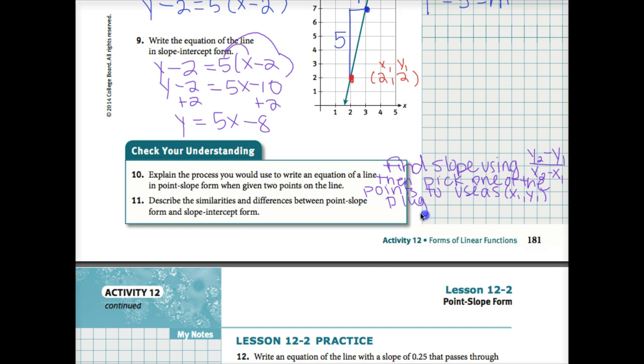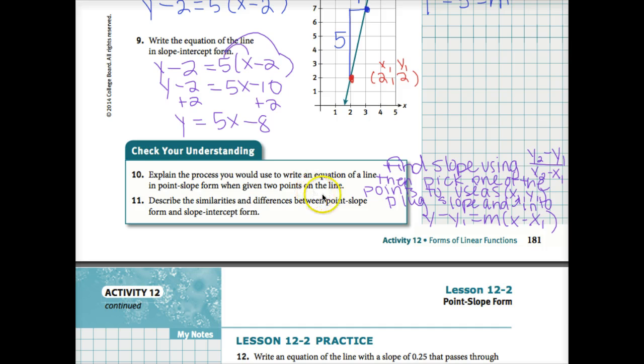Plug slope and x1, y1 into y minus y1 equals m times x minus x1. So this is our entire procedure when you're given 2 points on the line.